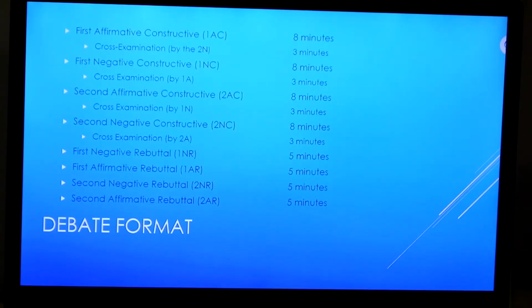You can introduce new evidence. You can rephrase things. You're not just going to give the same speeches over and over again. But by the time you get to that spot, you've set the stage for what this debate is going to be.